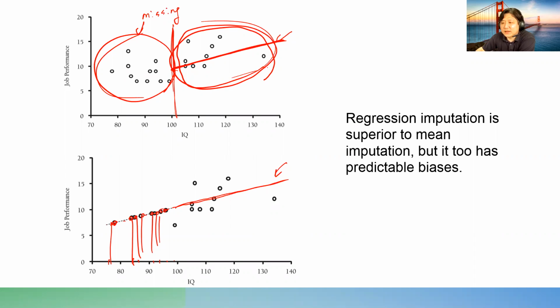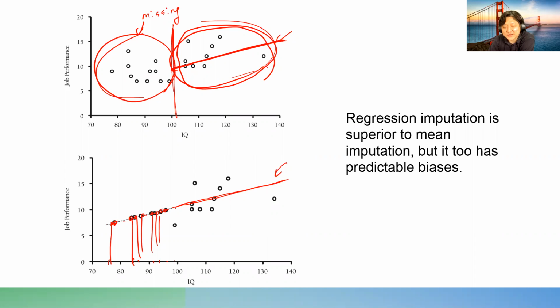But do you see any problems in this approach? Well, let's say range restriction, if all the missing values are maybe at the lower end of the distribution. Yeah. So look at this. What is the fundamental assumption of regression analysis?